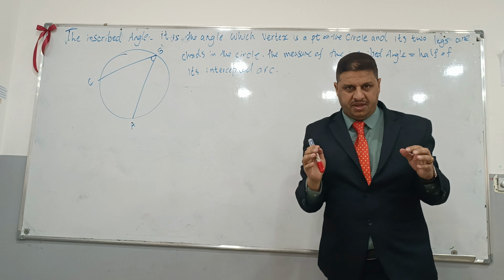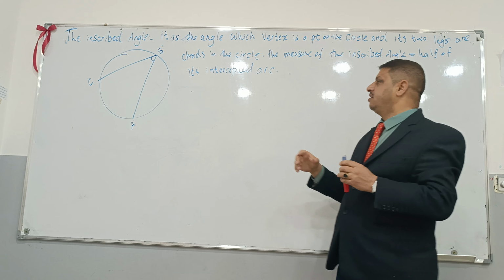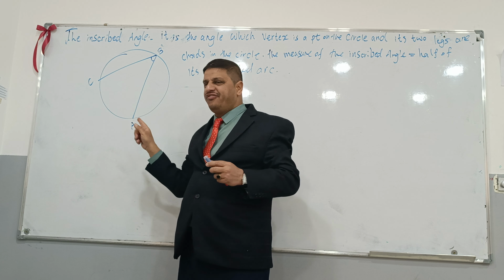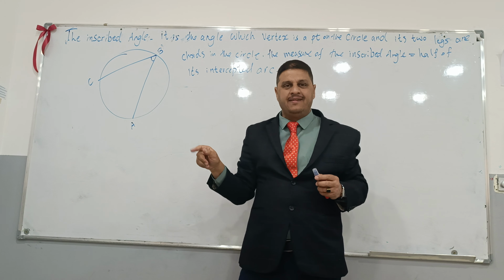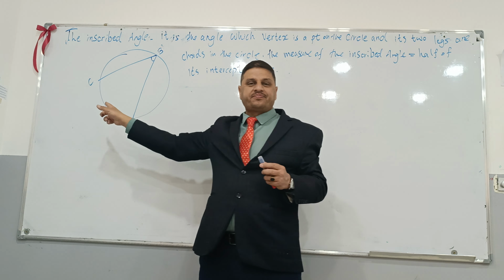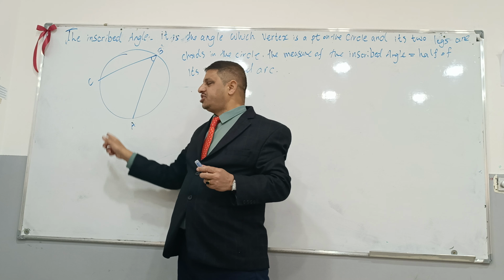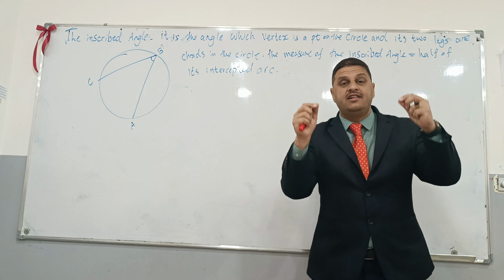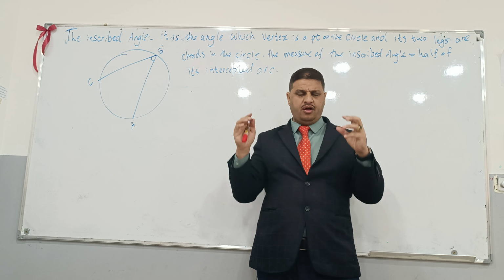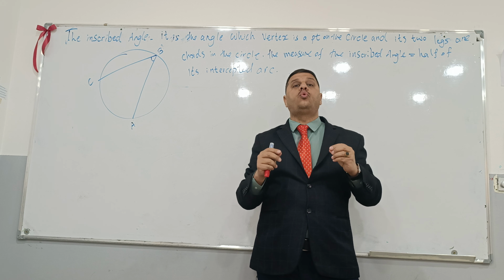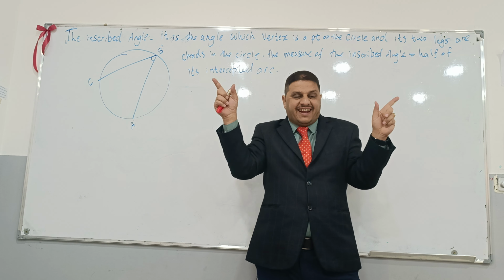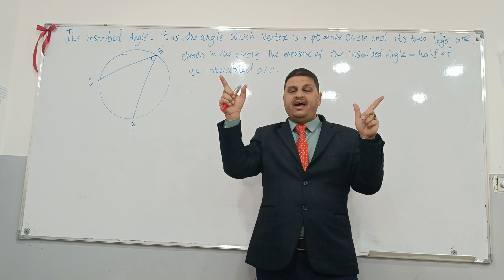Do you know what I mean? I mean, the measure of this angle is half of the value of the measure of the arc which is opposite to it. He says the measure of the inscribed angle equals half of the measure of its intercepted arc.